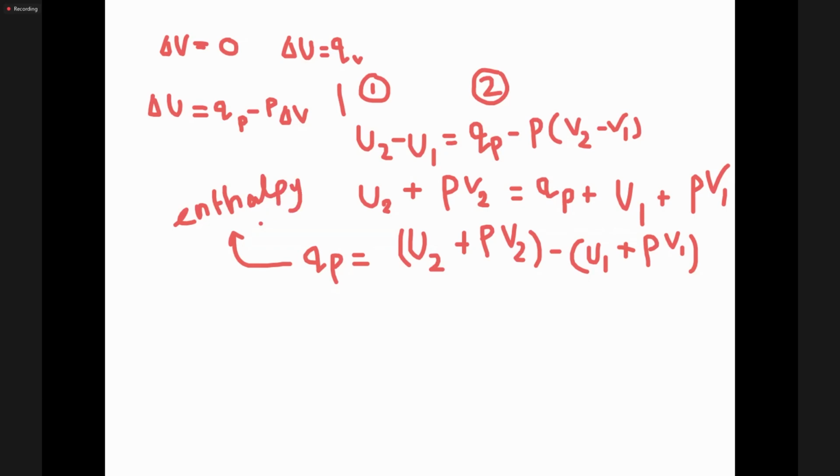So heat absorbed by the system at constant pressure is called, in thermodynamic language, enthalpy. This enthalpy comes from the Greek word enthalpien, which means to warm up or the heat content. So now we will define another state function as H is equal to U plus PV.